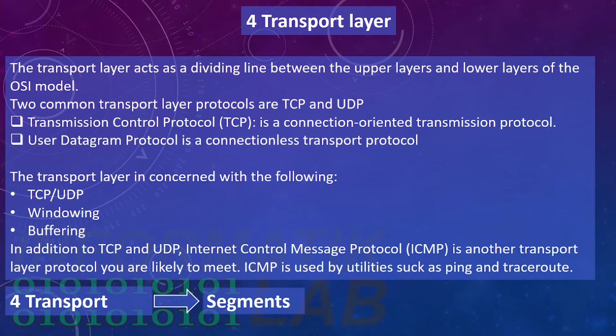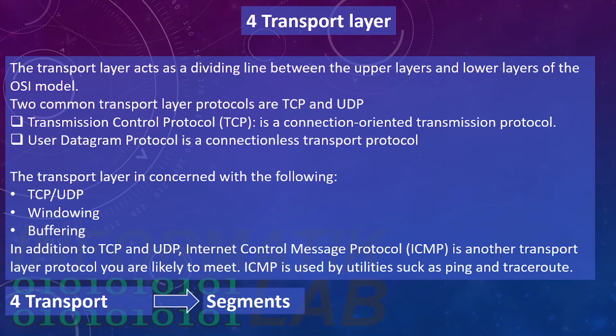Now, for the transport layer: the transport layer acts as a dividing line between the upper layers and lower layers of the OSI model. Two common transport layer protocols are TCP and UDP. Transmission Control Protocol (TCP) is a connection-oriented transmission protocol. User Datagram Protocol (UDP) is a connectionless transport protocol.